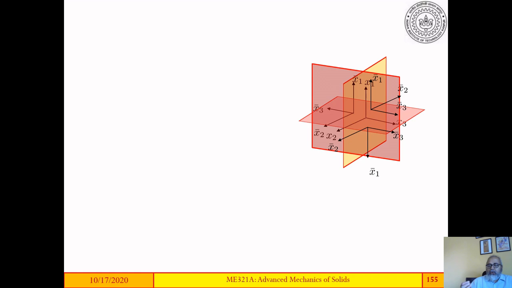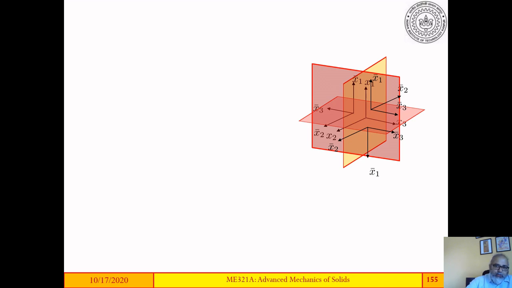So what we were doing for the monoclinic symmetry was, when there was monoclinic symmetry about the x3 axis, we were saying that if 3 appears an odd number of times in the indices, then those components will turn out to be 0. Now we have to say that if 1 appears an odd number of times, or 2 appears an odd number of times, those components also are going to be 0.